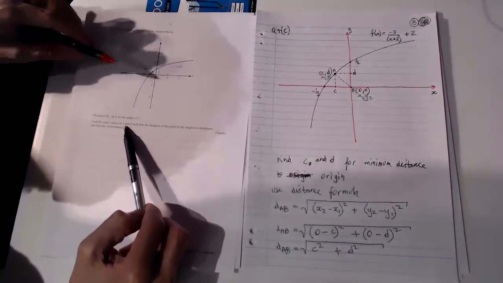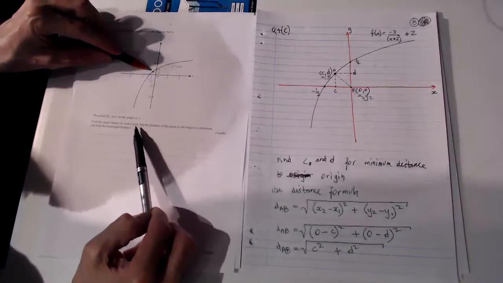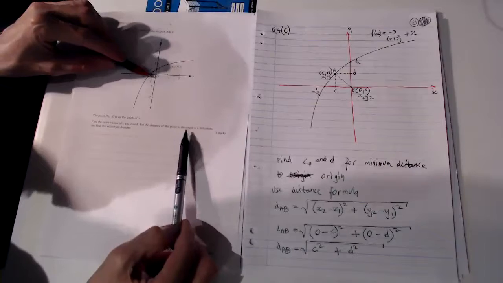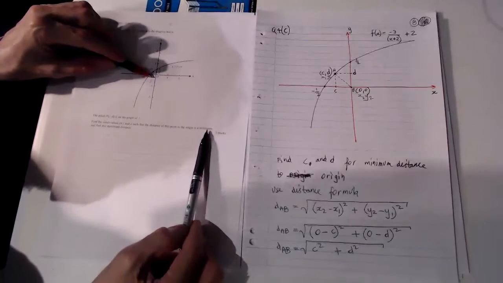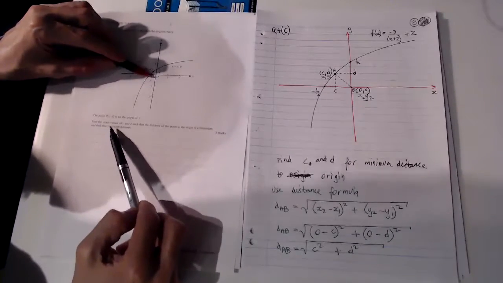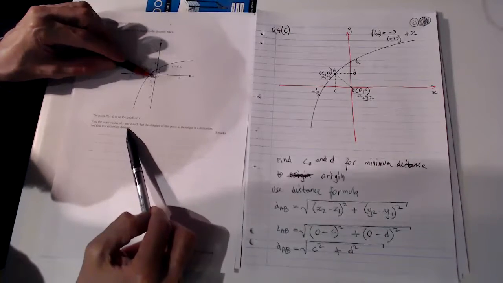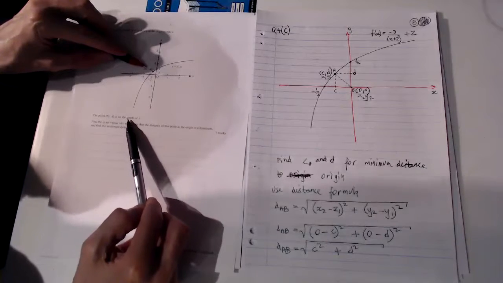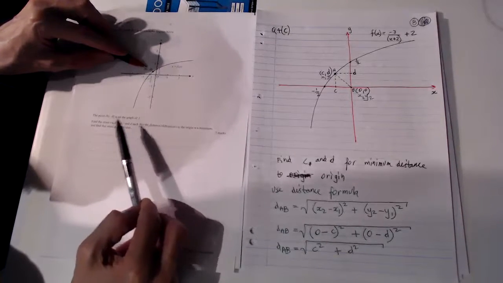Find the exact values of C and D such that the distance of this point to the origin is a minimum, and find this minimum distance. I repeat, the point P(C, D) is on the graph of f.